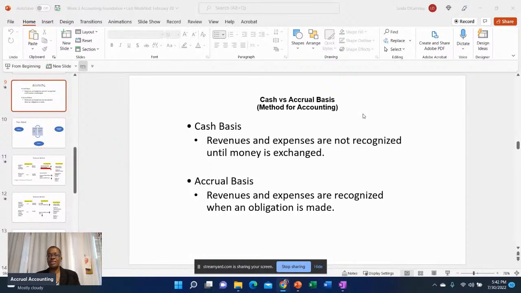Accrual basis is a term that we accountants use a lot, because in business school this is what we're taught. We're taught to use accrual accounting, and cash basis is not really discussed.